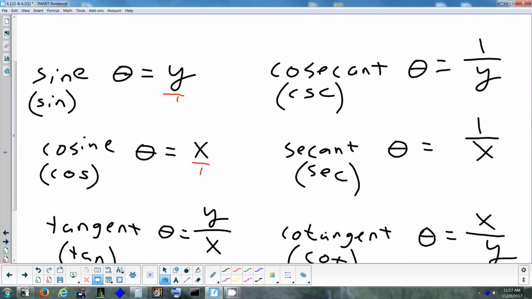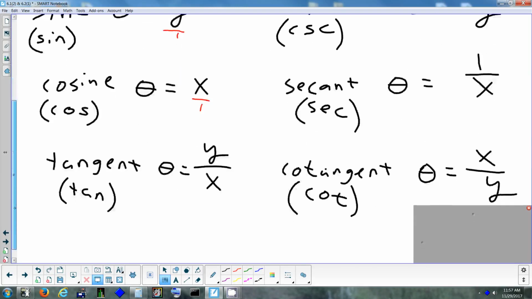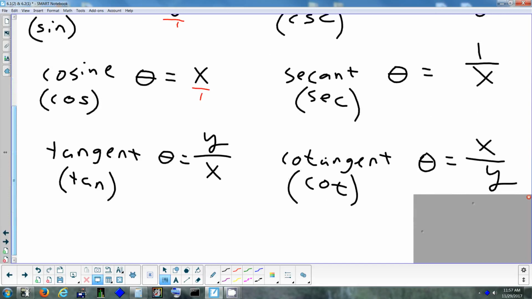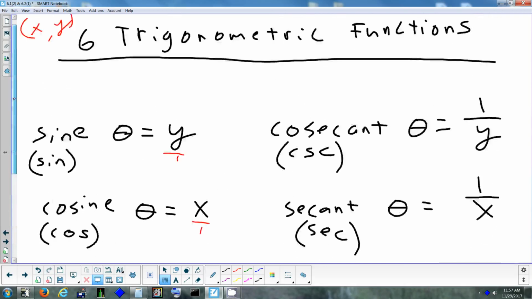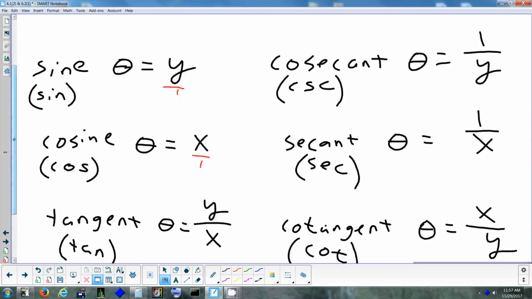So no matter which one of these 6 you want to do, you have to find the coordinates. So we'll practice one or two finding the coordinates and then figuring these out. Everybody have the 6 definitions of the trig functions?